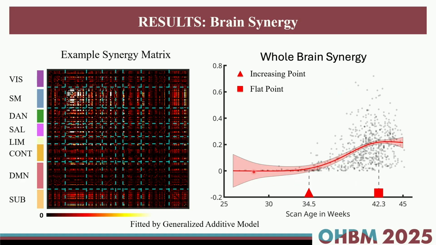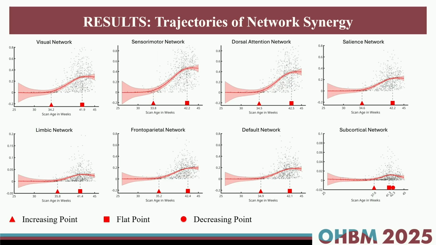The synergy starts from near zero, and after around 35 weeks, it starts to show a rapid increase. It continues to increase until 42 weeks, followed by a stabilized pattern. This developmental pattern is widely observed in all the functional networks except the subcortical network.